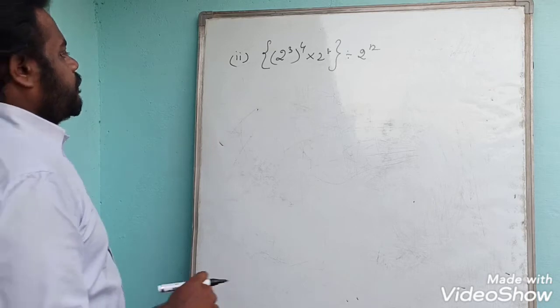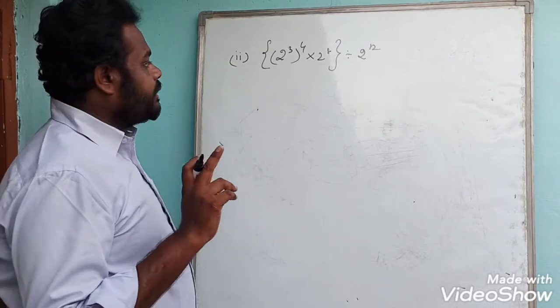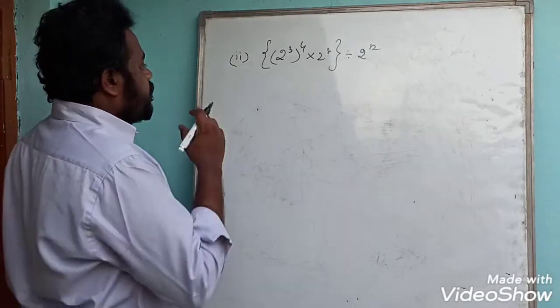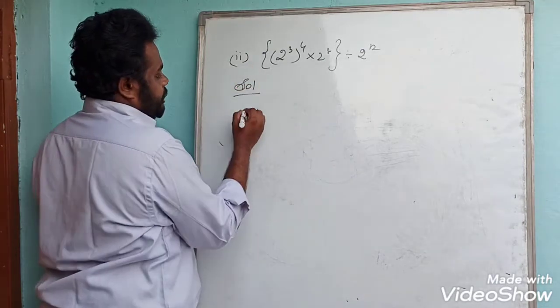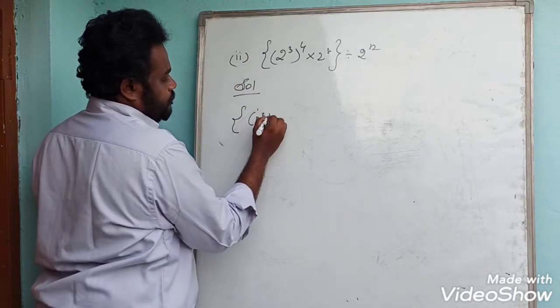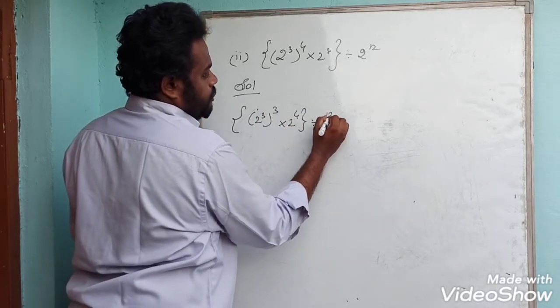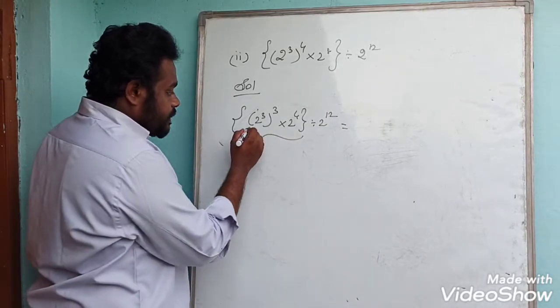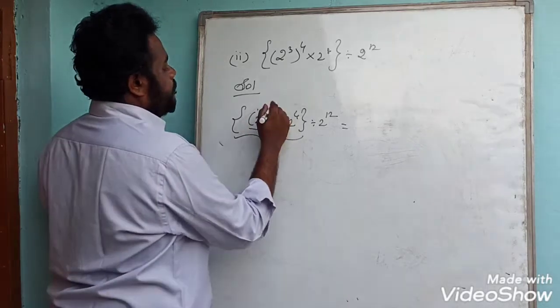But we have to use one condition. Already you know that brackets come before division, multiplication, addition and subtraction. Because of that, first you have to focus on the bracket. First we focus on this one, inside this, 2 power 3 whole power 4.